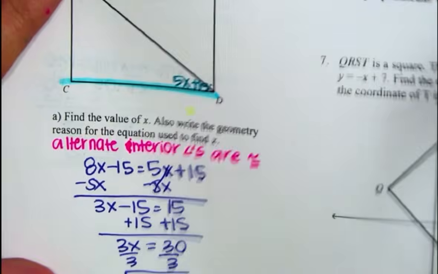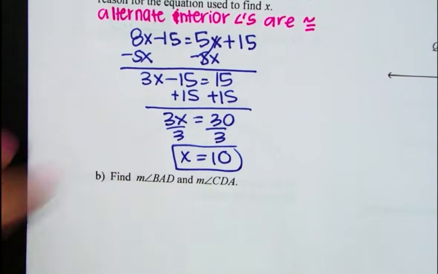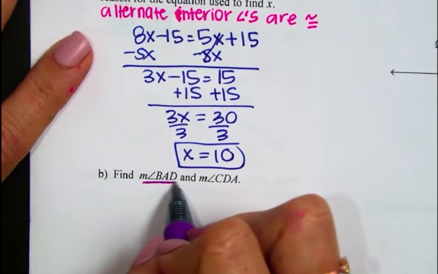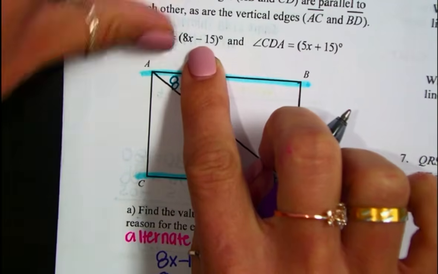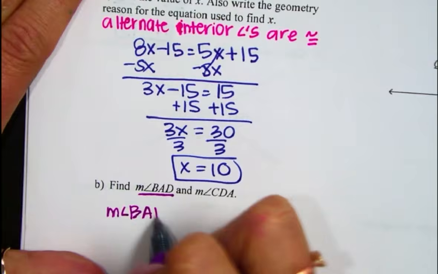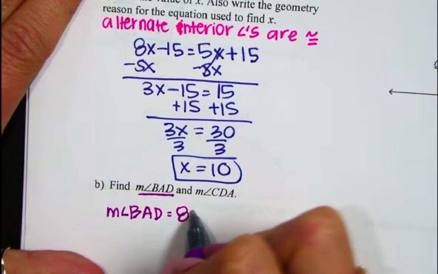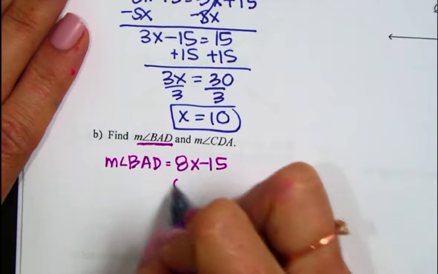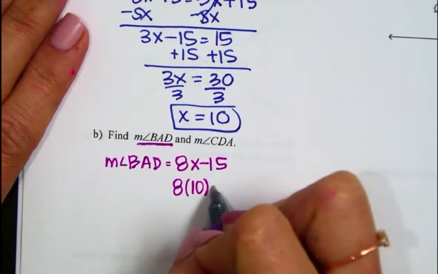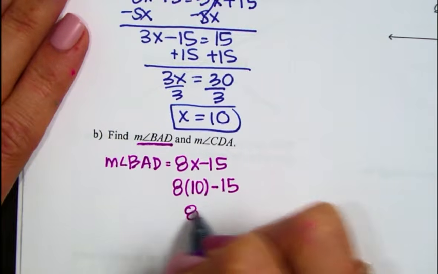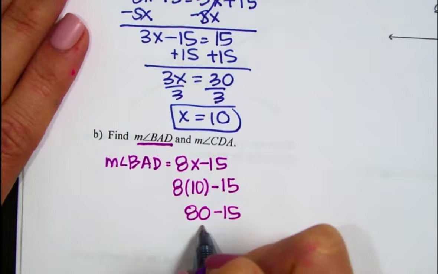They want us to find the measure of angle BAD and the measure of angle CDA. So the measure of angle BAD, here is BAD right here, 8x minus 15. I'm going to plug in 10 for x, since I know x equals 10 from step A. And then 8 times 10 is 80, and 80 minus 15 is 65.